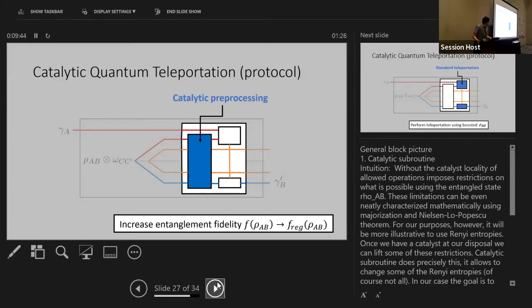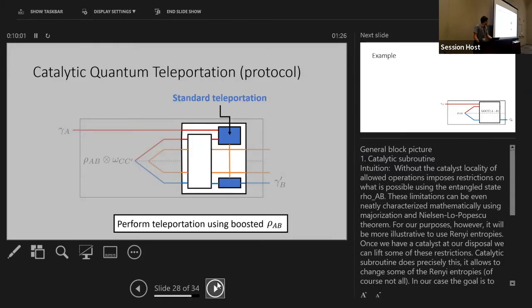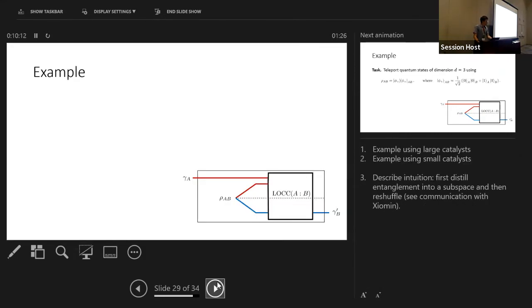The nice thing about this subroutine is that it's completely independent of teleportation. So we can apply it to other protocols to improve the entanglement fraction, and it will work. Once we do that, it just remains to apply our standard teleportation protocol, which achieves this fraction, and we are done. We basically achieve the lower bound that I told you about.